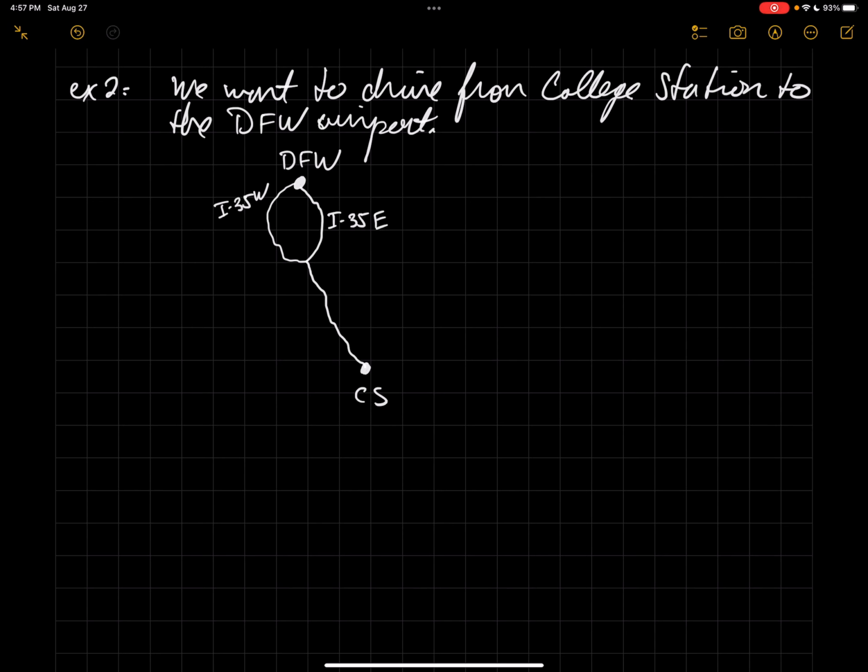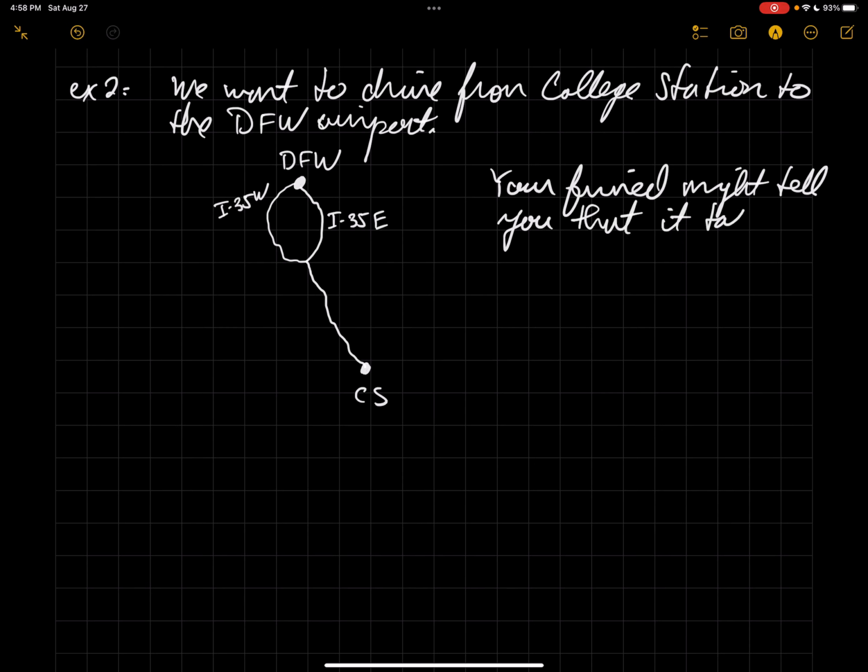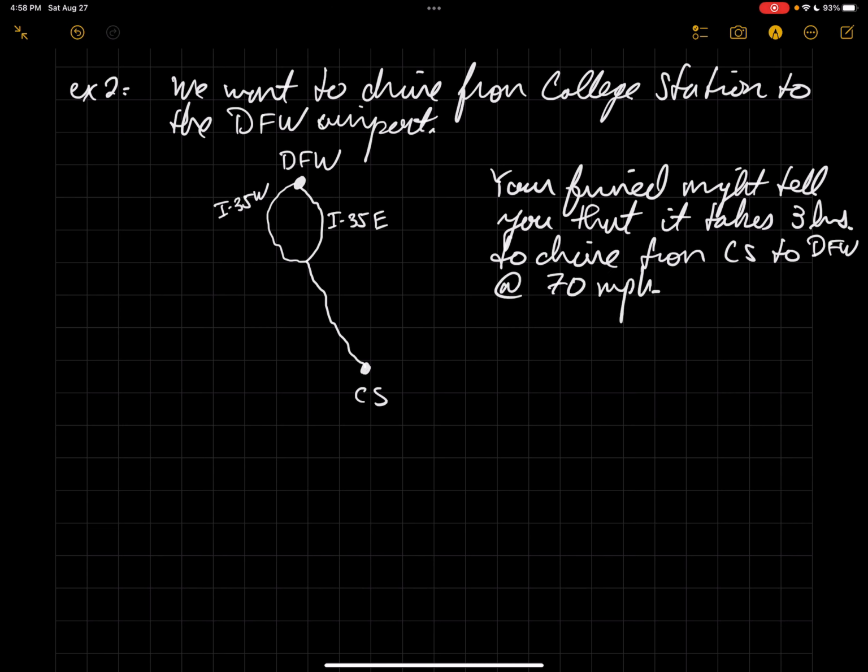So if you ask your friend how long it takes to drive from College Station to DFW, your friend might tell you that it takes 3 hours to drive from College Station to DFW at 70 miles per hour. So you were given a piece of information.